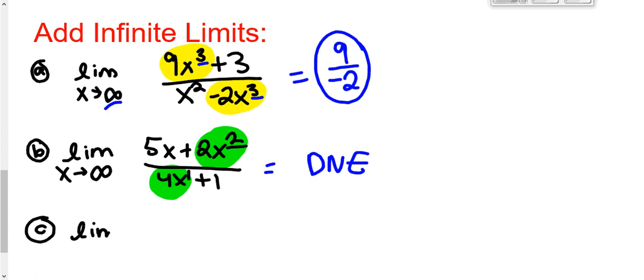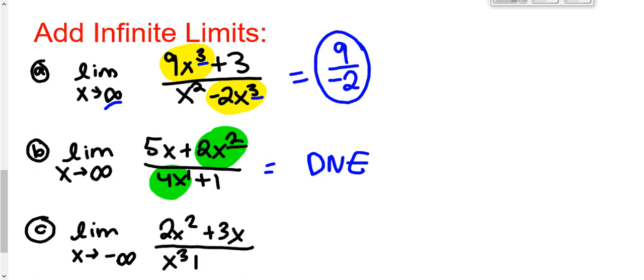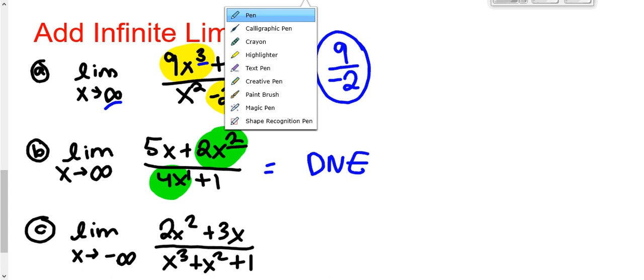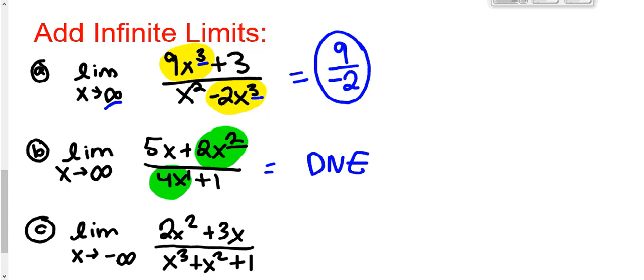The last one is the limit as x approaches negative infinity of 2x squared plus 3x divided by x cubed plus x squared plus 1. Again, we look for the highest term on the top and the bottom. On the top, it's the x squared term.